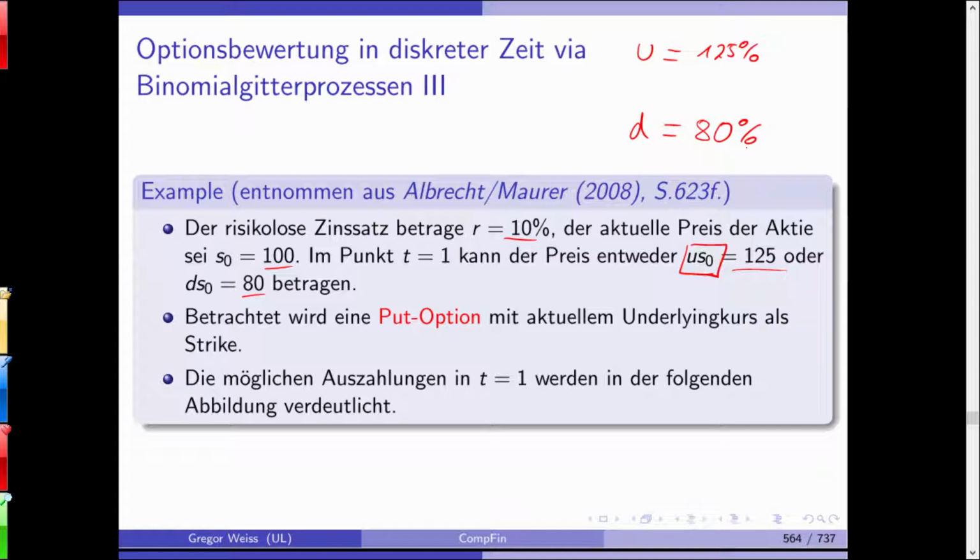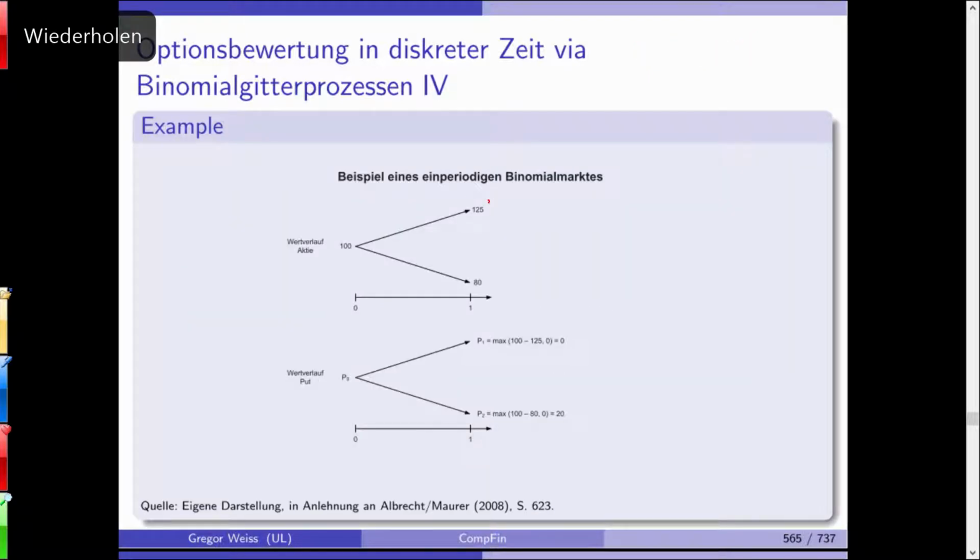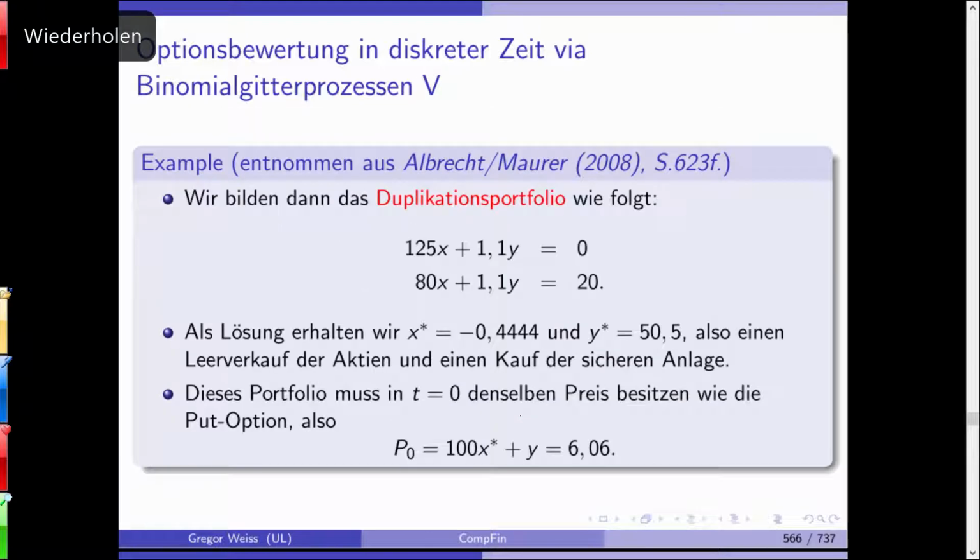Okay. Now we're looking at a put option with the underlying price as the strike, and here you can see the potential outcomes, 125 and 80. So in this case we get 0, in this case we get 20, and we want to duplicate those two payments. This is what I've shown you before, just with some numbers. 125 times x plus 1.1 times y should equal 0, and 80x plus 1.1 times y should equal 20.